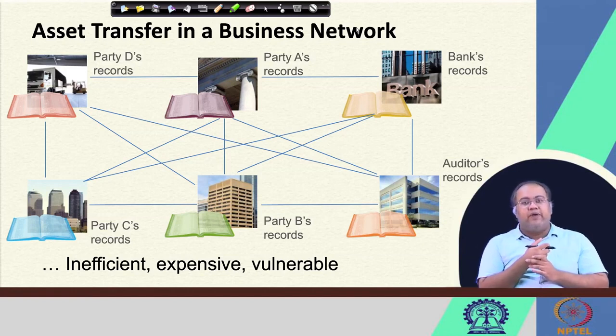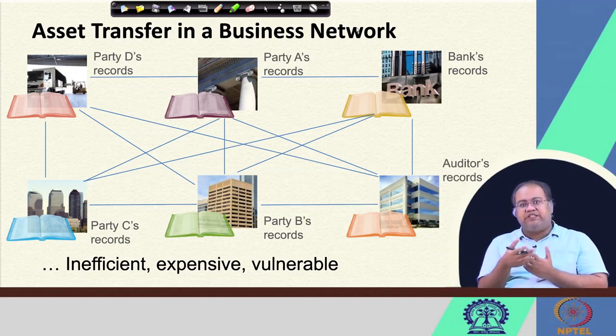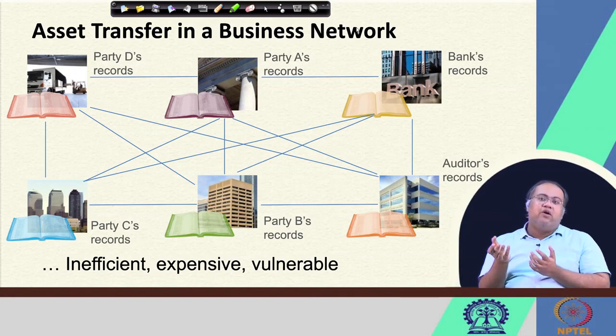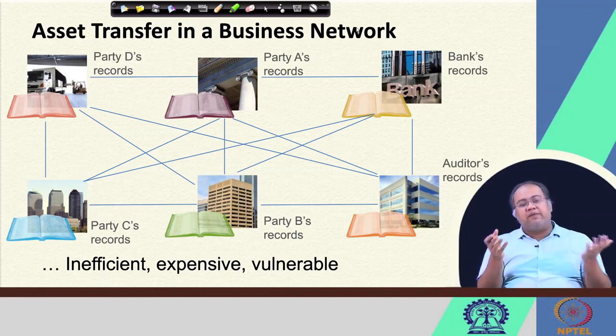Such things are very difficult to do manually, and are much more inefficient, expensive and vulnerable when multiple parties are involved and the auditor needs to cross verify the auditing data from multiple different parties.